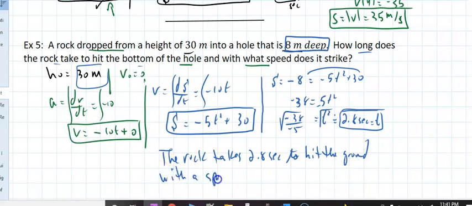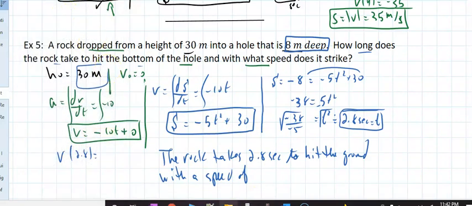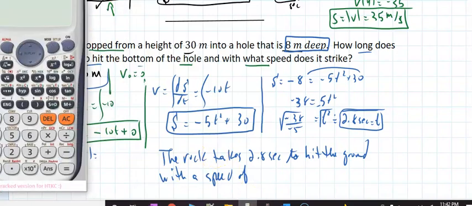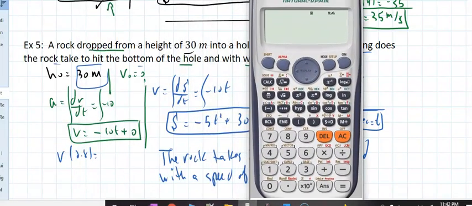With a speed of, and what is the velocity at 2.8 seconds? So if I take the velocity at 2.8 seconds, well, I don't need a calculator, right?